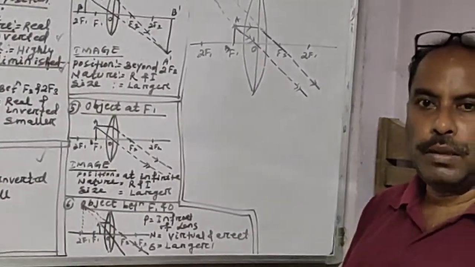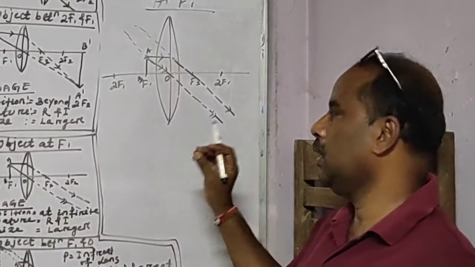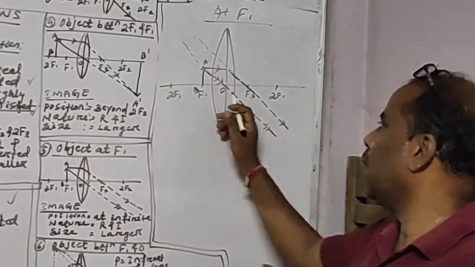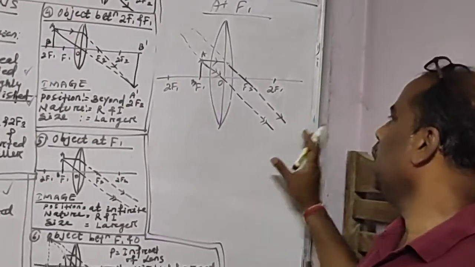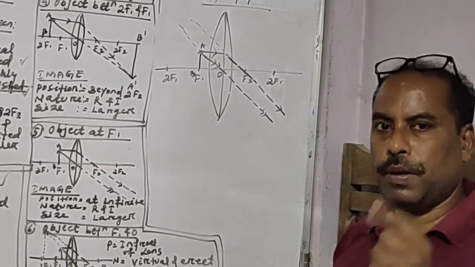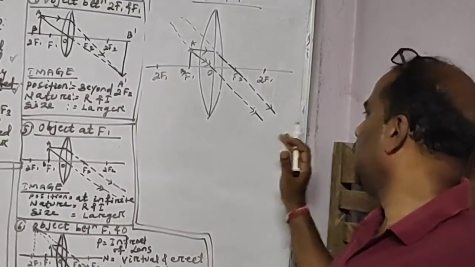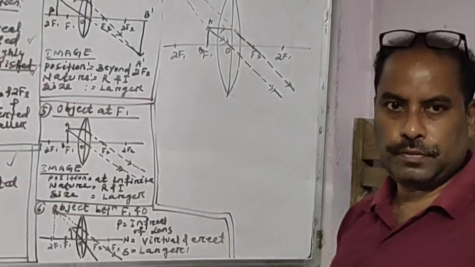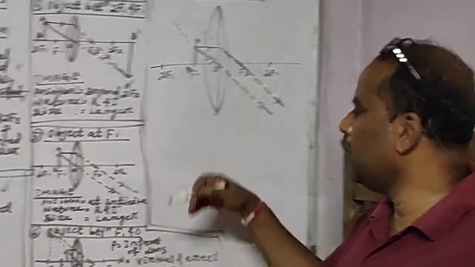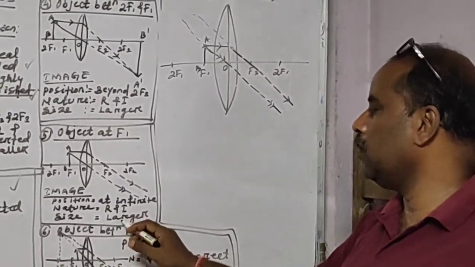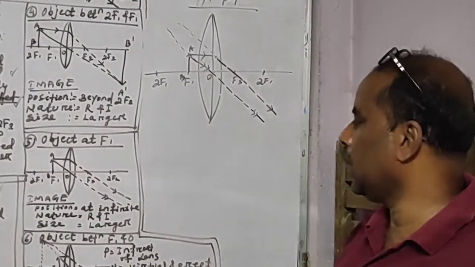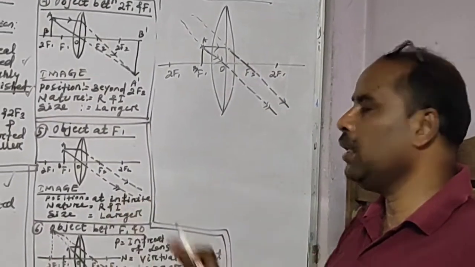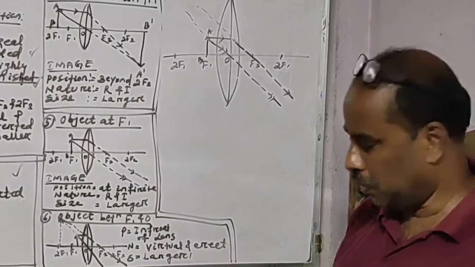We can imagine that by chance they may intersect very far away from our lens. If that is possible, their position will be at infinity, far away. And the farther it goes, the larger it will be than the object, and as it is found only on this side, it will be real and inverted in nature. So the fifth part is over.